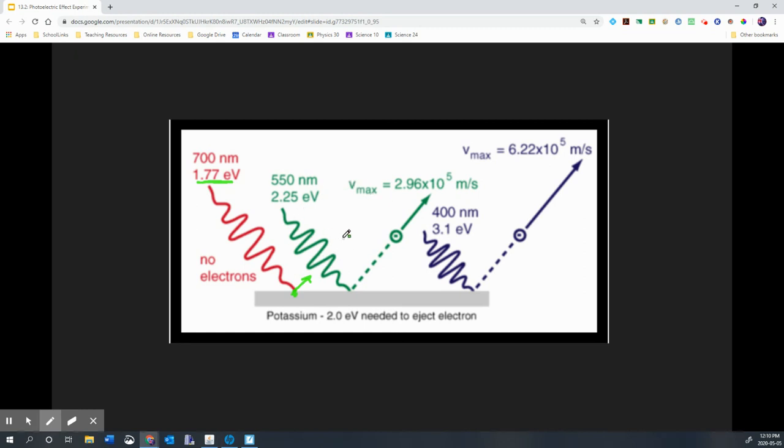Oh, final thing. You might be asking yourself, in the end, we have this electron coming off with all of this kinetic energy, all of this speed. What happens to the photon over here? Well, ask yourself, what happens when you take something which is not a form of matter?